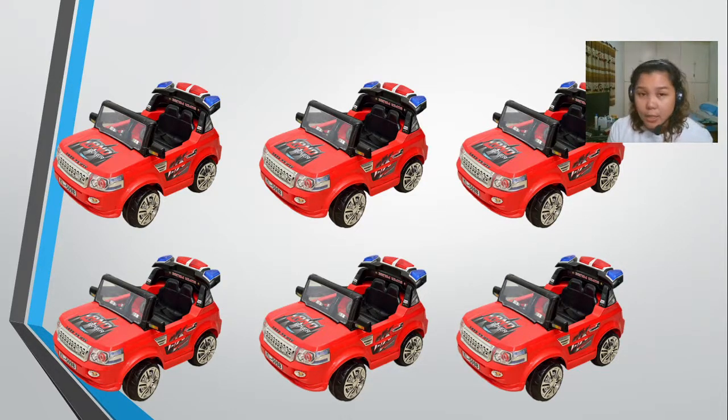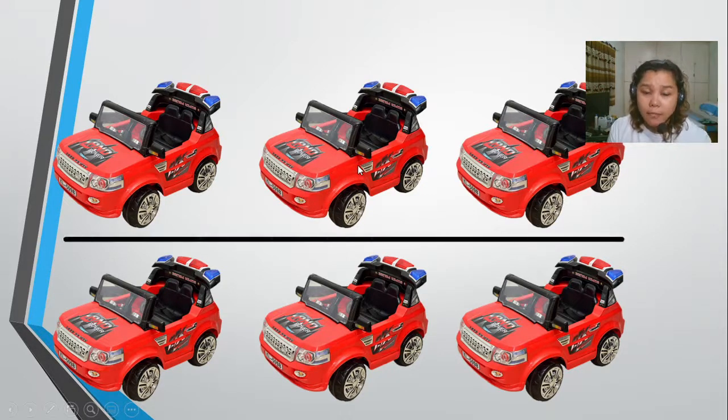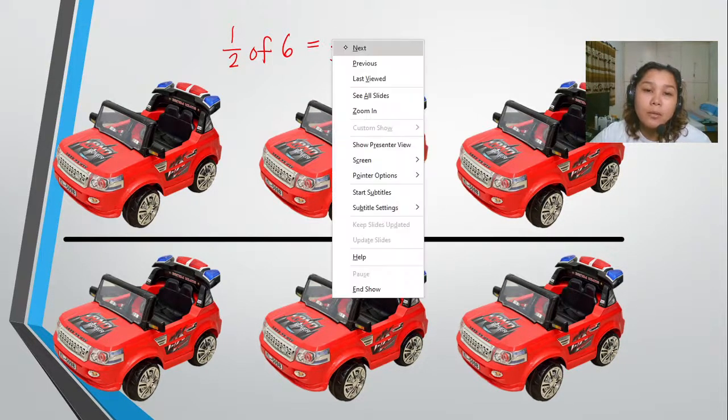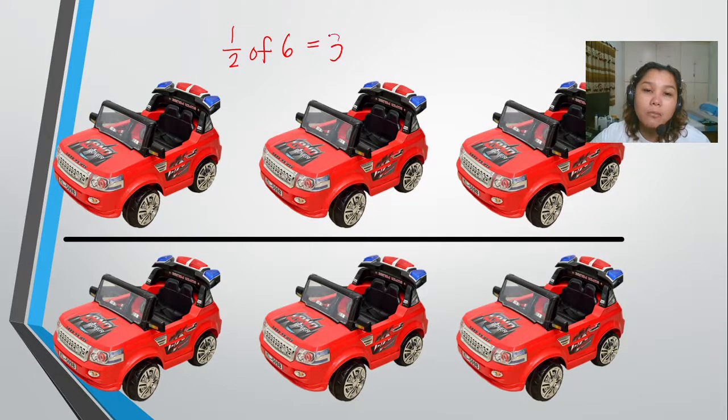So, instead of standing line or vertical line, we can have sleeping line. Now, we have 2 groups already. So, therefore, how many toy cars? So, if you're going to find 1/2 of 6, ibig sabihin for each group is 3. So, yan ang 1/2 of 6.